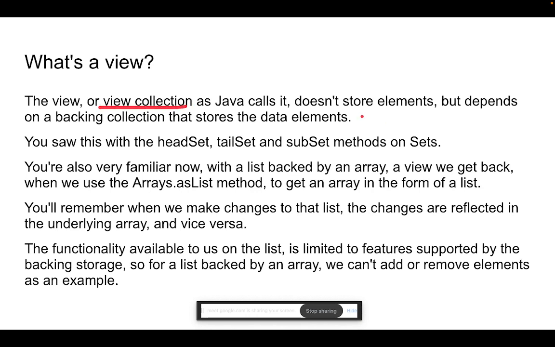Okay, so it actually doesn't store the elements, but it can show a specific part of the memory in which you have certain elements. For example, in the sets we have seen head set, tail set, subset in the last session, where given a set it will extract a few subset values from a given set using these three functions, right?